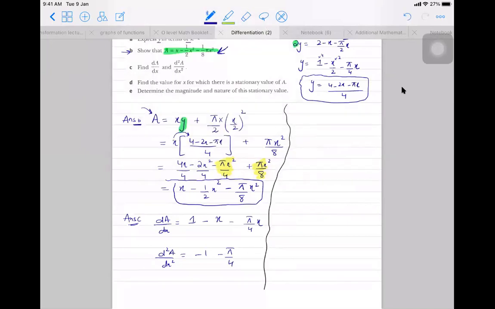Answer D: find the value of x for which there is a stationary value of A. I'm going to first set dA by dx equal to 0. So 0 equals 1 minus x minus pi by 4 x. So the value is going to come out as x plus pi upon 4 x equals 1. I can take x common, and x is going to come out as 1 over 1 plus pi upon 4.